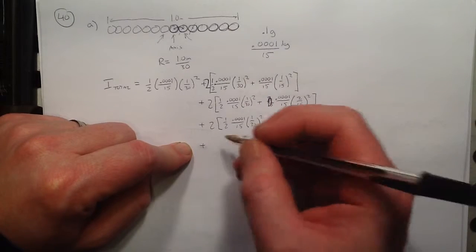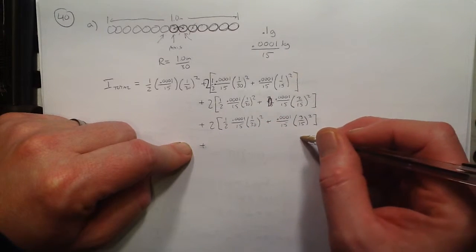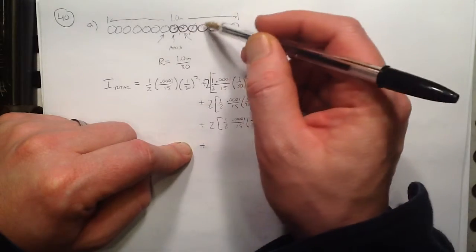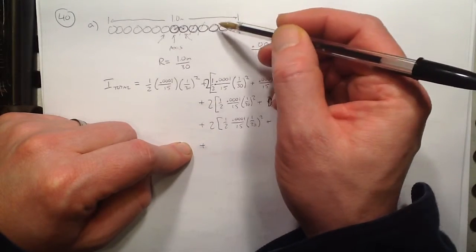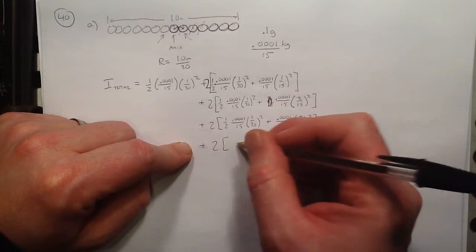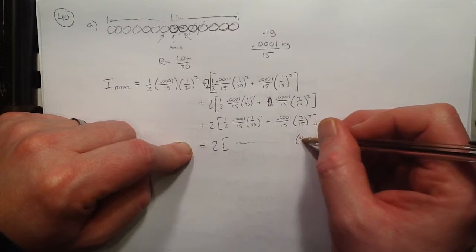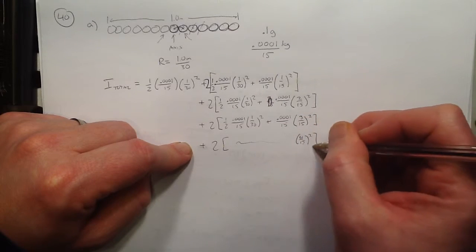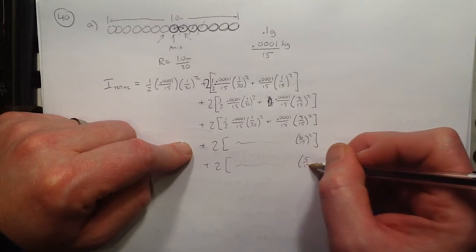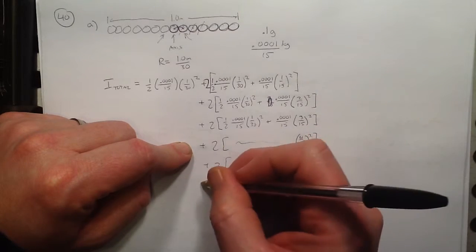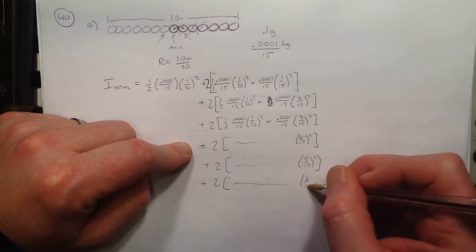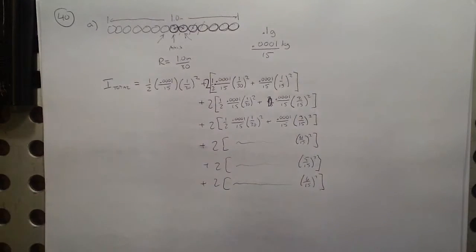It's going to look like this, same thing, with then a 4/15 and a 5/15 and a 6/15. So which is the one I just did, this one, right? So that's 4, 5, 6/15. So same thing, except this is going to be 4/15 squared, and then 5/15 squared, and then 6/15 squared.